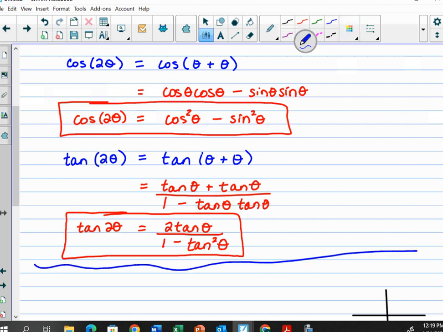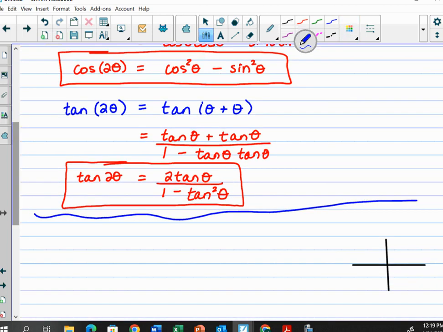Okay, let's try number 1 here. Are we going to learn later something like tan of 2 theta minus 3 theta? Nope, we don't have to do that. Which is good.